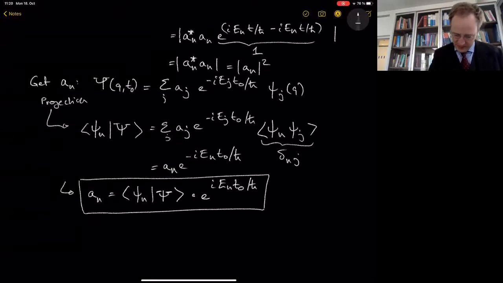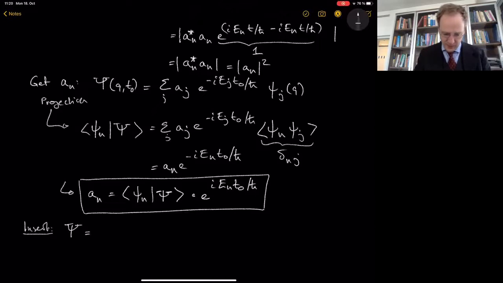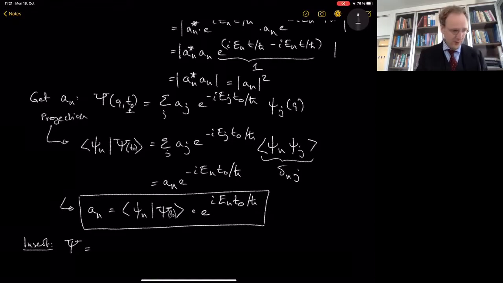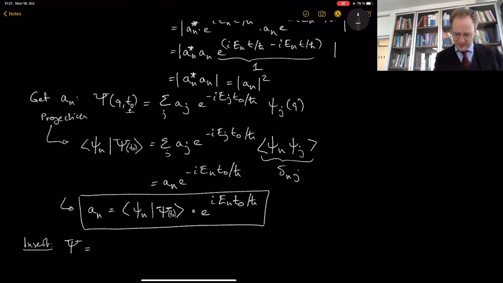So if you now insert in our psi, and so before we do that, right, up here, we said this is the coefficient at time 0, right? So let me introduce here this time-0 coefficient, t0, right? So if we now insert this in our psi, we want to look at the expression for this as a function of t, right?